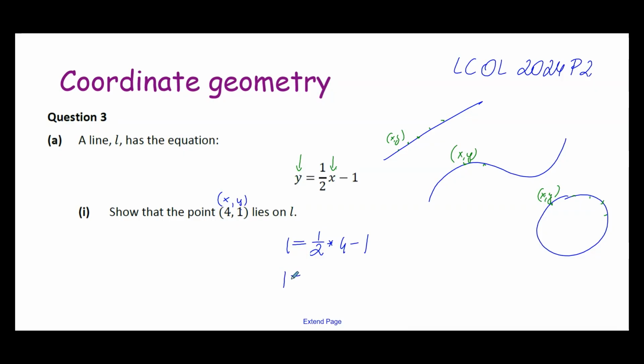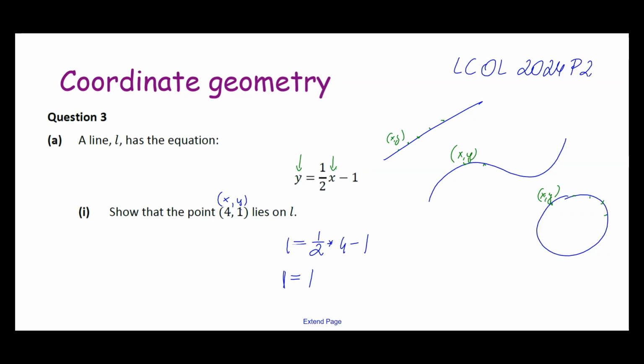This side of the equation I have 1. When I put all of that in my calculator and press equal, I will get 1. And indeed, 1 is equal to 1. That is true. Therefore, this point is on the line. The same idea could be given to you, especially with a circle in coordinate geometry, or it could be another line. Always the same. X and y represent the point.